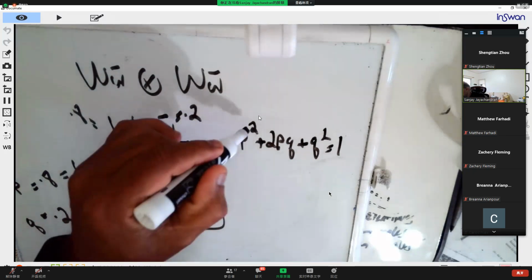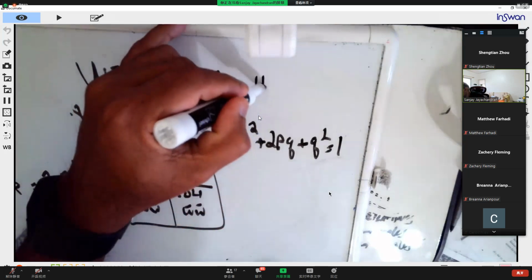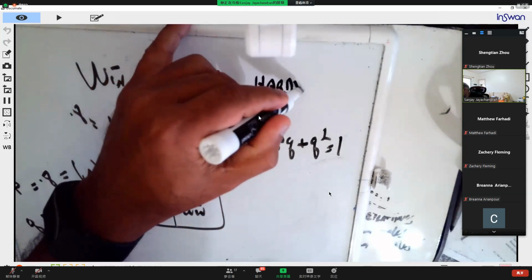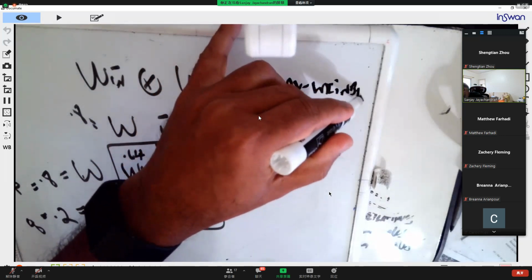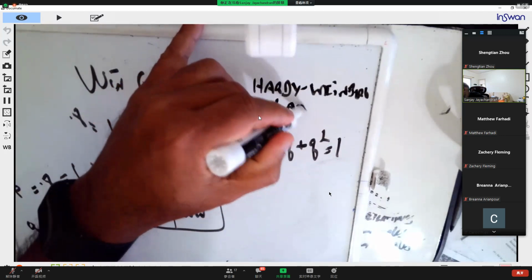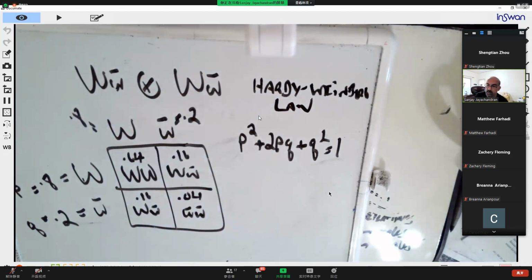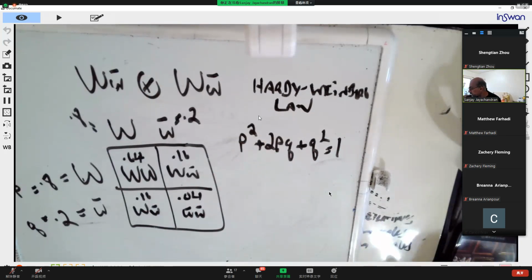So this is called the Hardy-Weinberg law. It states basically that no change occurs from generation to generation, right? And it assumes certain things. It's like an ideal law. Like you have ideal gas laws, you have ideal population laws.